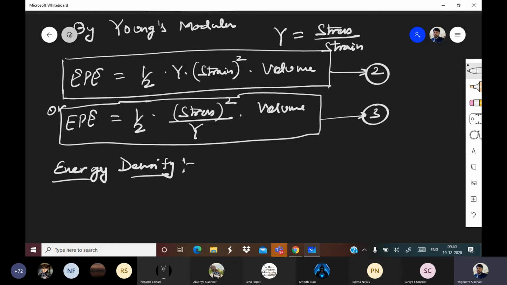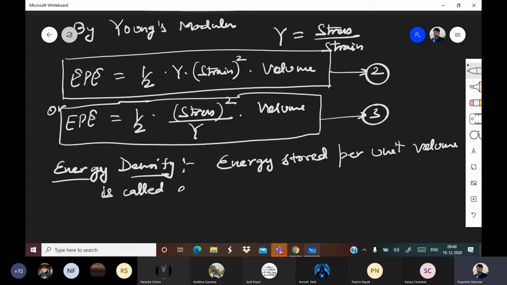Energy stored per unit volume is called energy density. Okay. So ED, energy density, is equal to 1 by 2 into stress into strain.